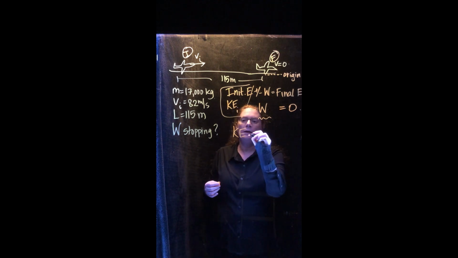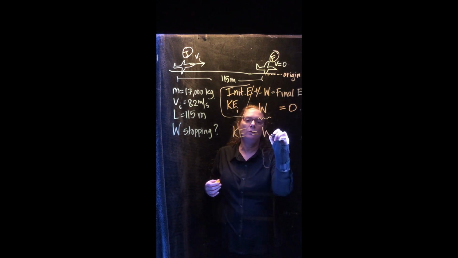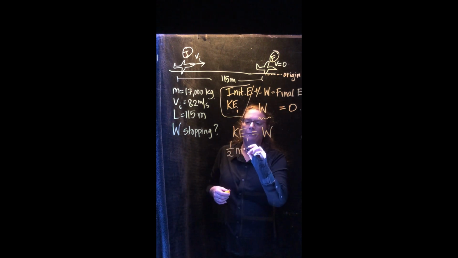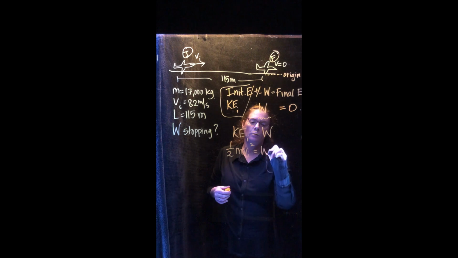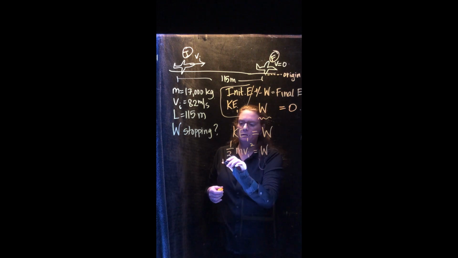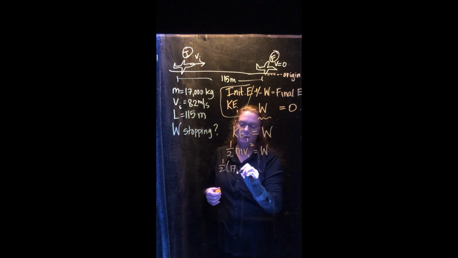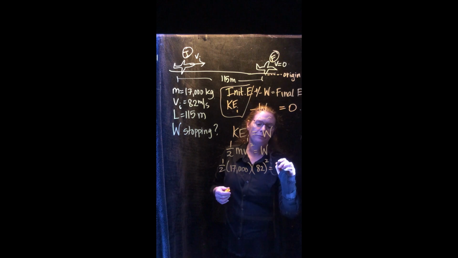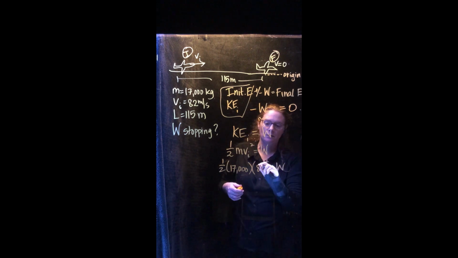So this doesn't look too bad. Kinetic energy is just going to equal the work done in stopping the plane. 1/2 m v initial squared equals the work. And let's see, 1/2 mass, 17,000. These are big numbers. Speed is 82 squared. That's actually one of the real common mistakes, to forget that squared. So just keep that in mind.